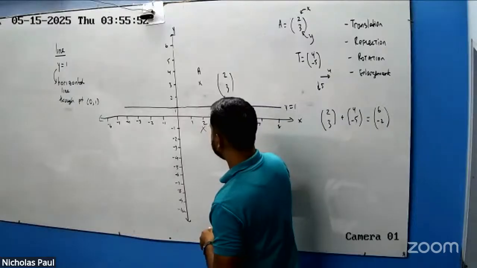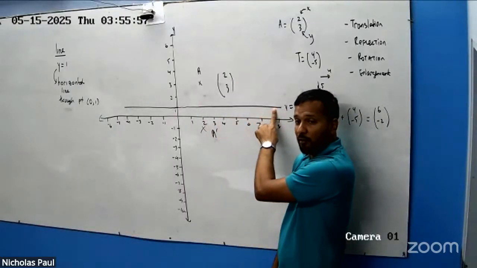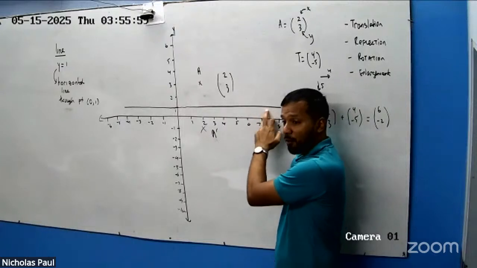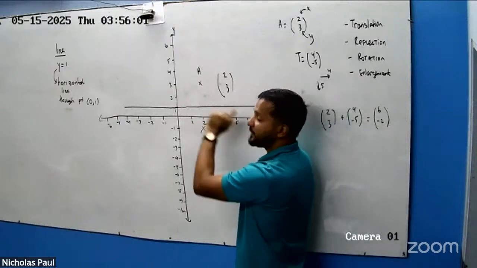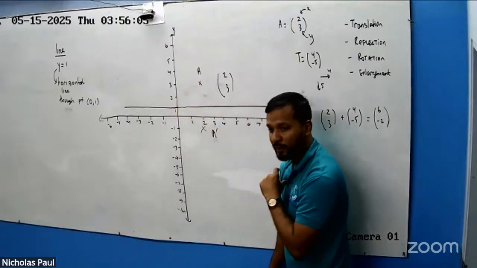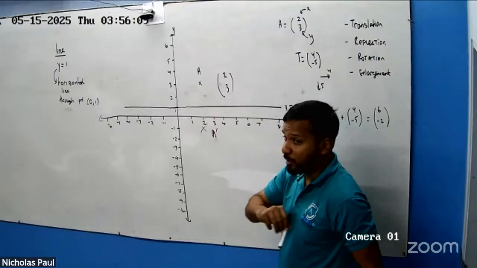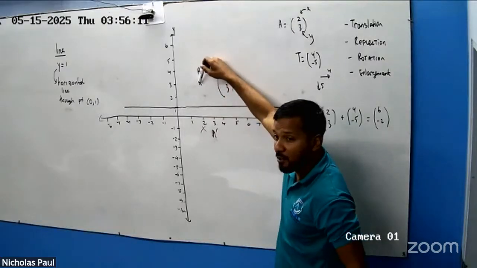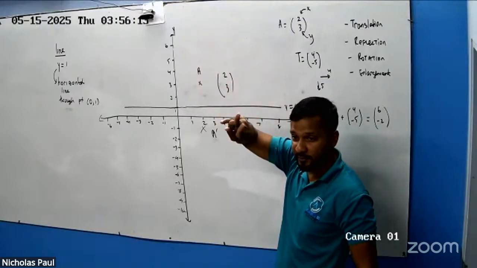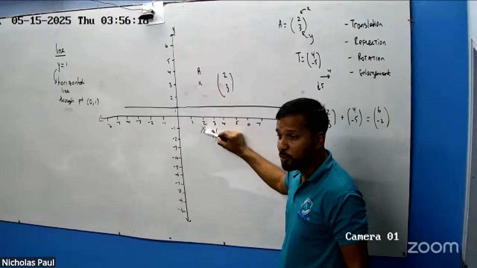Right? So this is A prime. If this is our mirror line, all we have to do is to make sure that the object and the image are equidistant from this line. If you check your graph, you will see that from here to here is 2 units. So from here to here will also be 2 units.